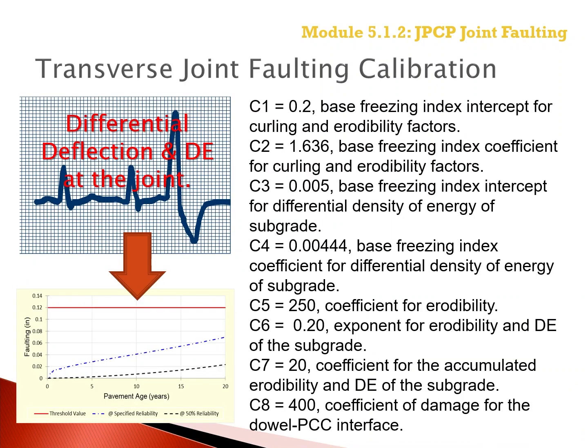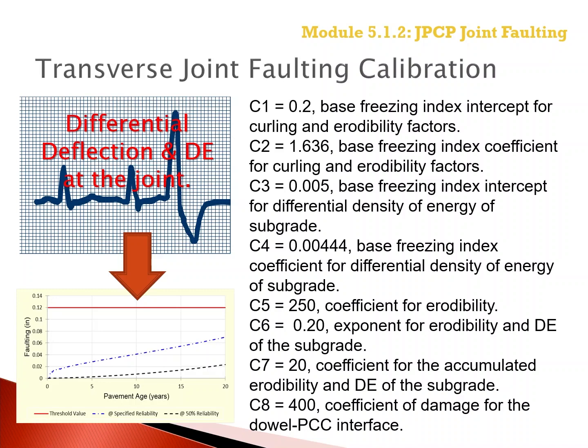This slide simply summarizes the calibration coefficients that were used in the calibration of the direct transfer function or model in predicting total faulting throughout the design period. The calibration coefficients are from C1 through C8 as displayed on this slide.